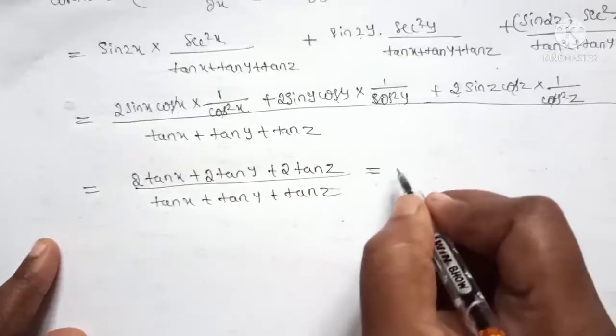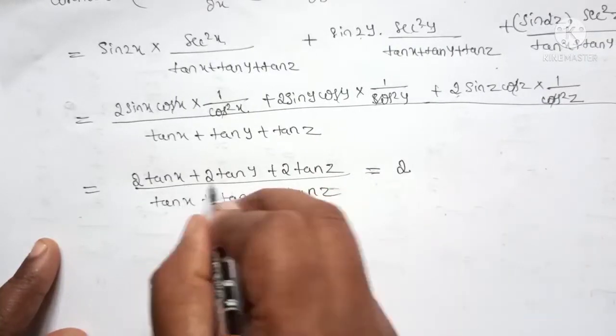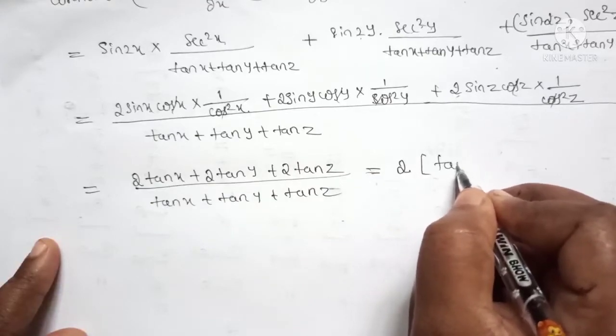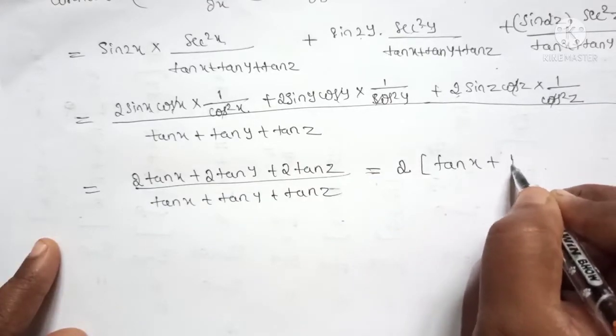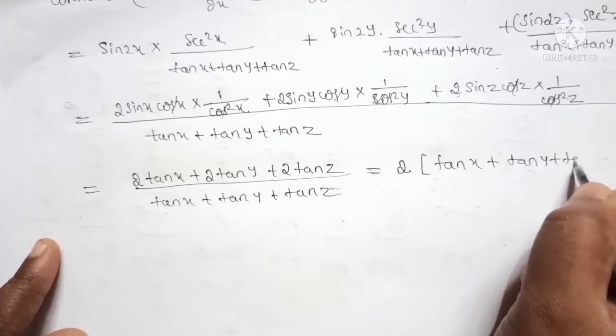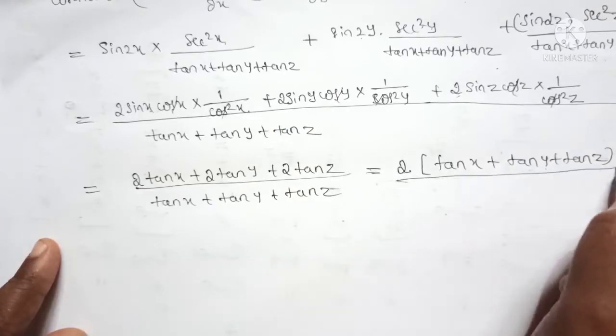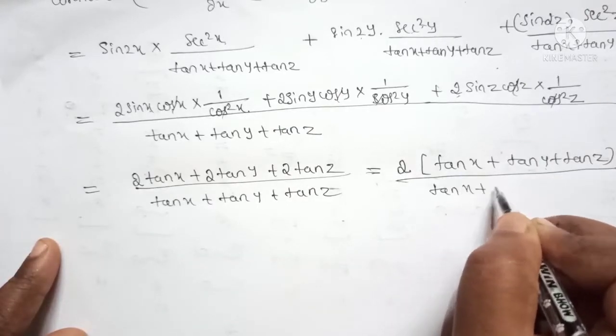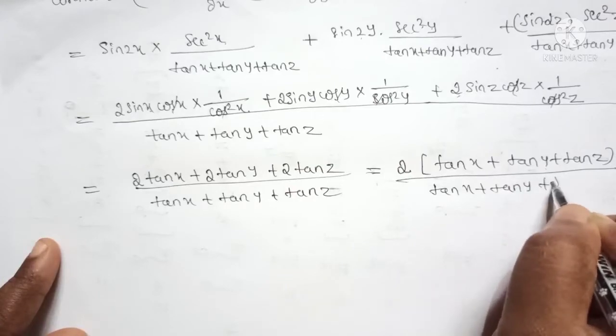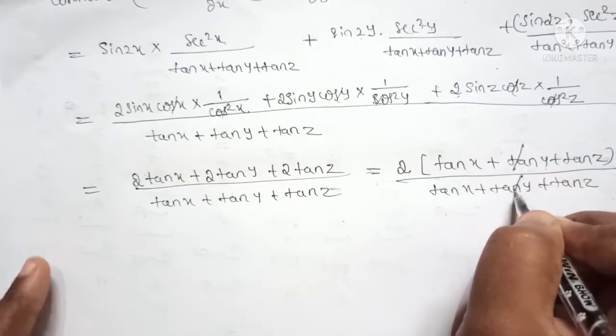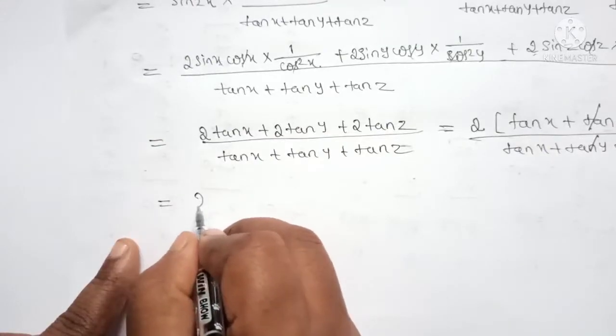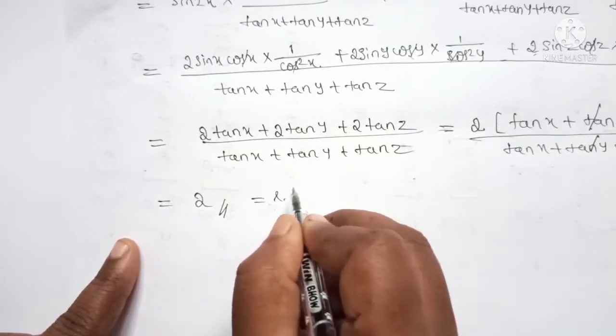So we can take 2 common in the numerator. It is 2 times tan x plus tan y plus tan z, denominator tan x plus tan y plus tan z. So it cancels, and we get 2. This is the RHS. Okay.